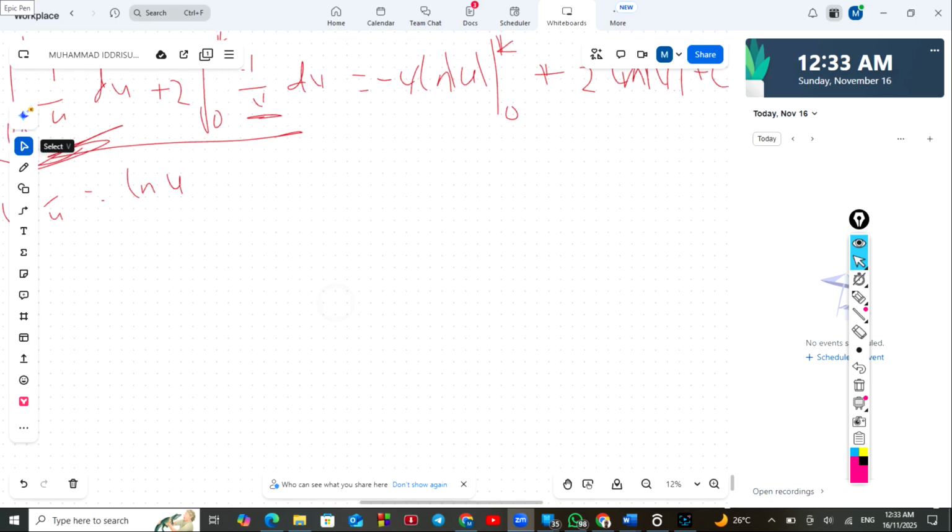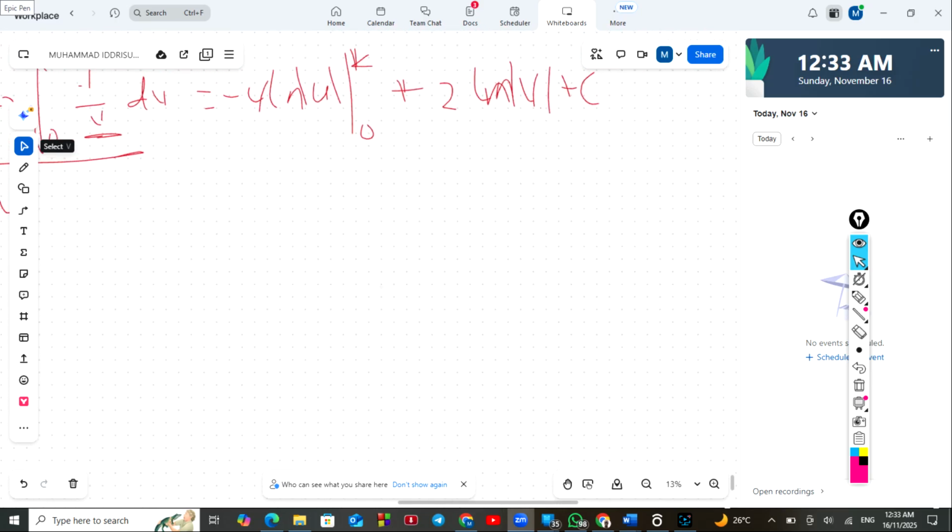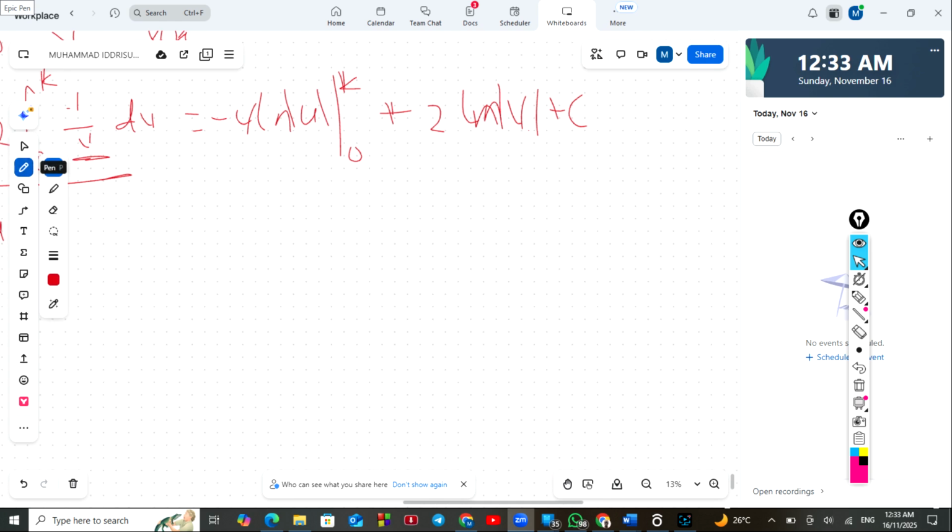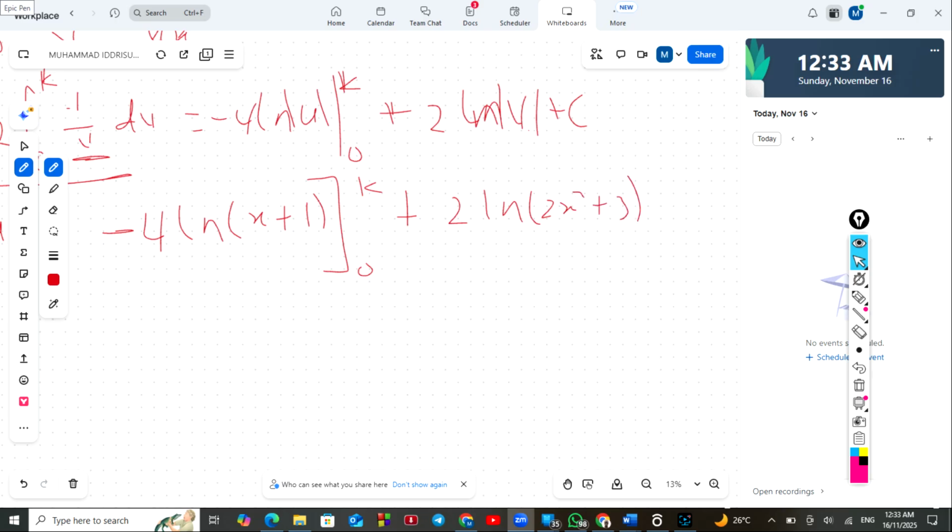Now we'll have negative 4 ln, in place of our u, we now have x + 1 back, from 0 to k, plus 2 ln, in place of our v, we now have 2x² + 3 back, from 0 to k. Let's continue to evaluate this.